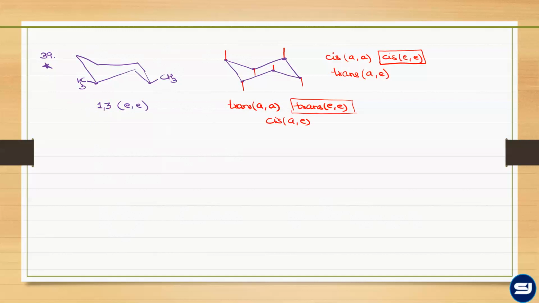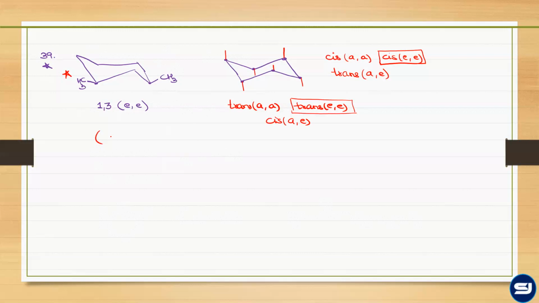So, coming back to the question, this 1,3 disubstituted compound with equatorial-equatorial is definitely a cis isomer. Next structure, if you see, it is 1,2 and what type? What will you call it? Just look at the methyl.